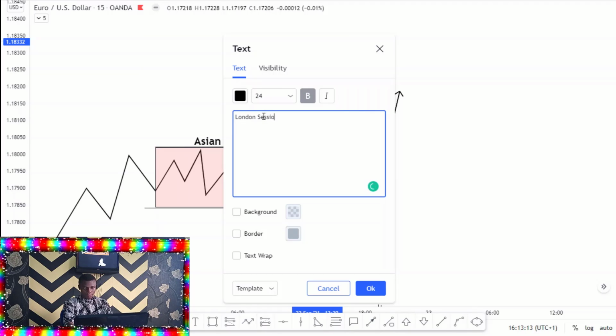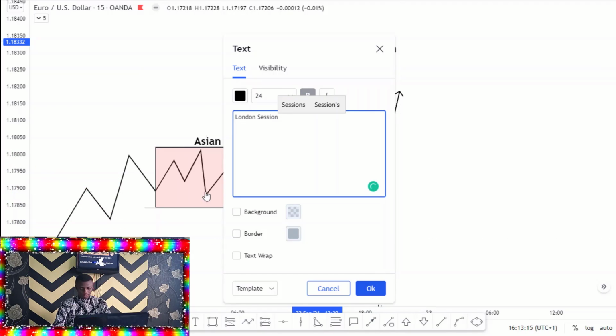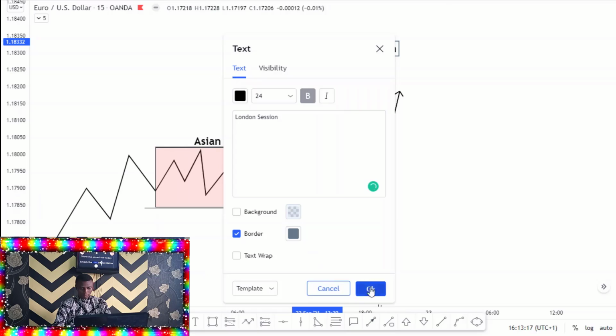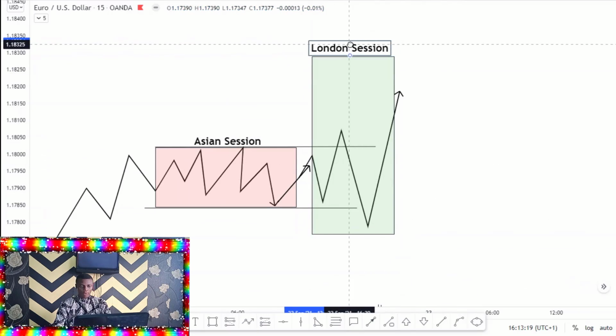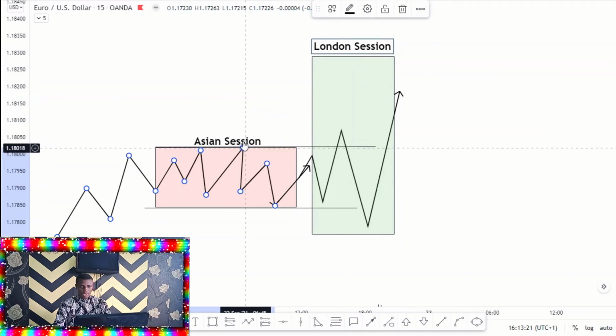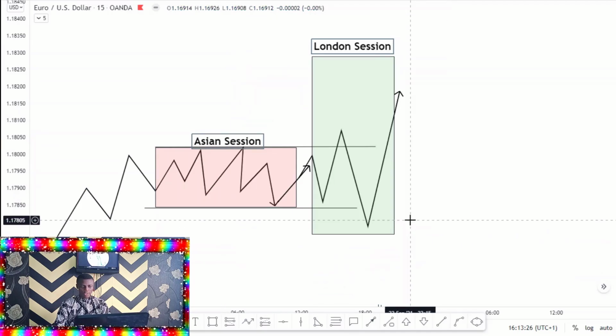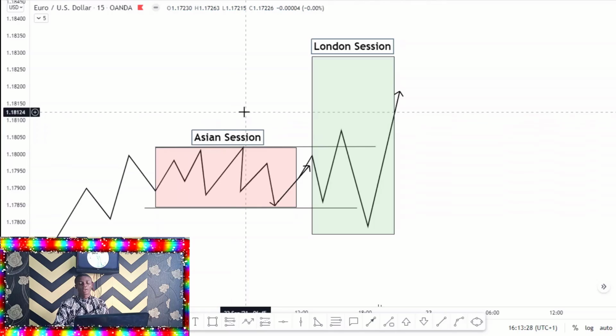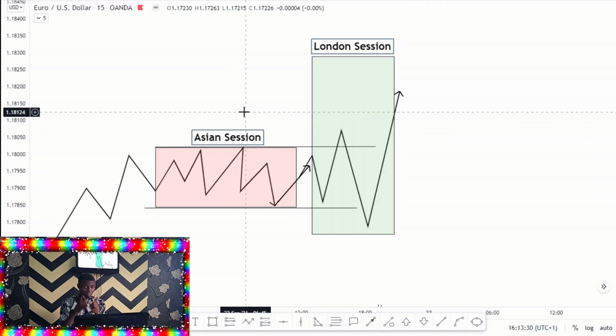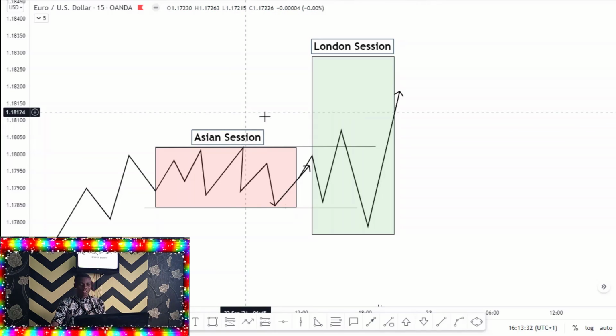London session, right? Good. These are London session, and this is our Asian session. Okay, now I want to show you something. Make sure that you are paying close attention.